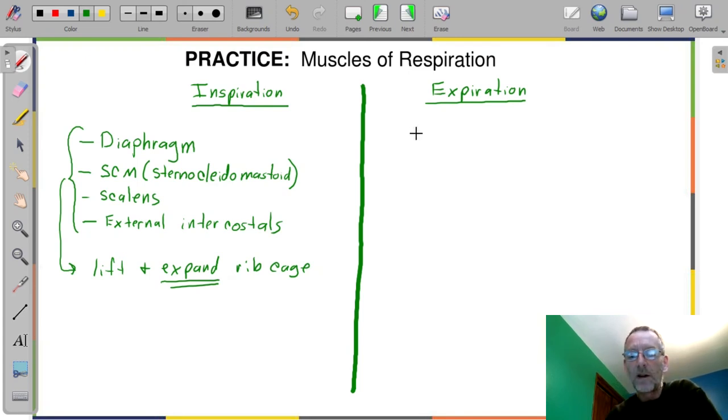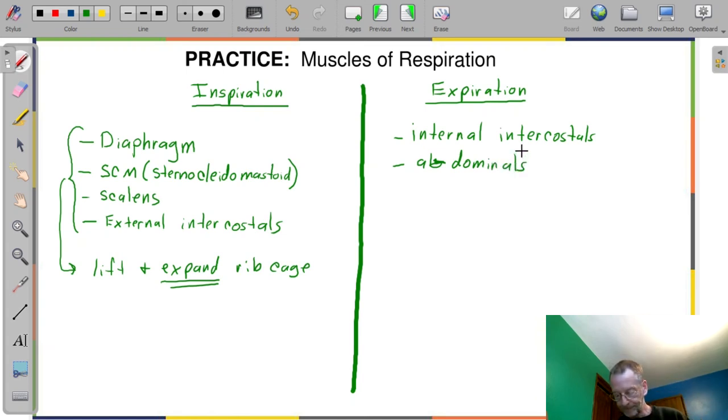And the expiratory muscles were the internal intercostals and the abdominals. And again, the abdominal muscles compress the intestines and the organs in the abdominal cavity.